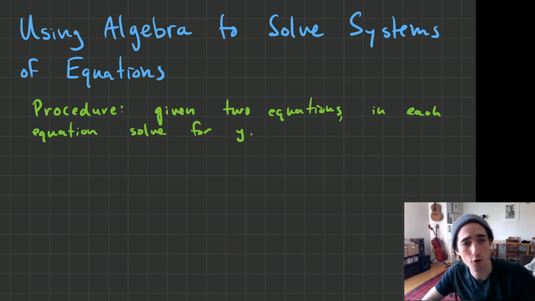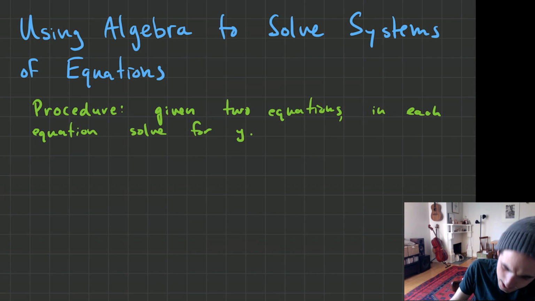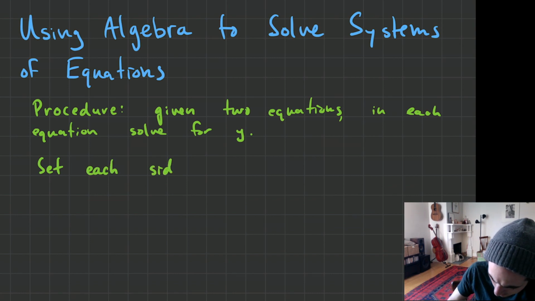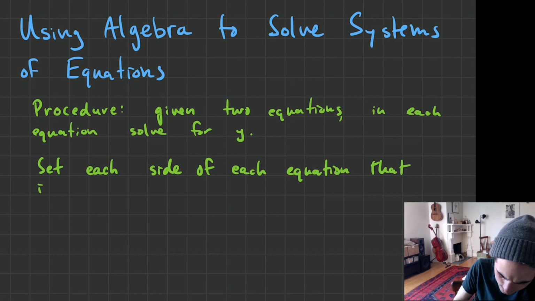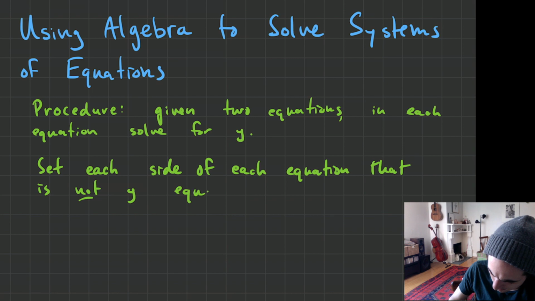So we're going to solve for y in each equation. Now, the second step is to set each side of the equation that is not y equal to the other.